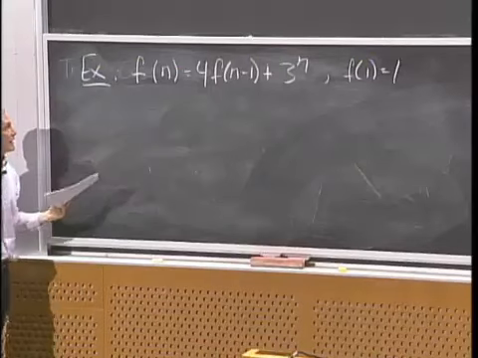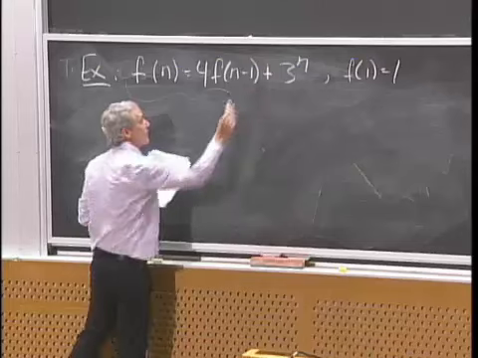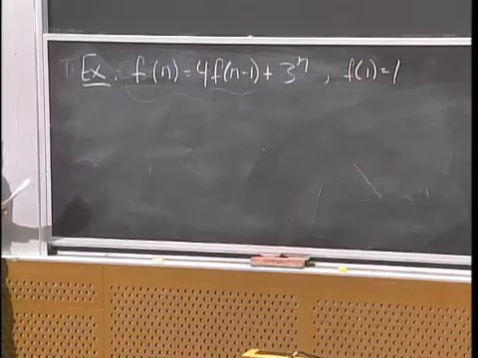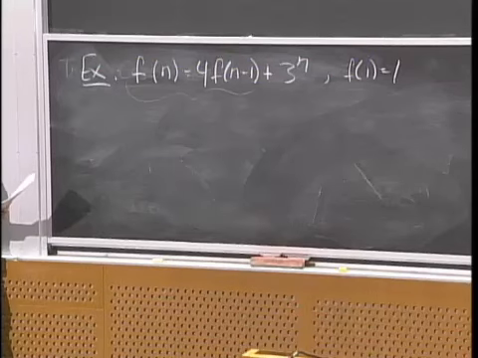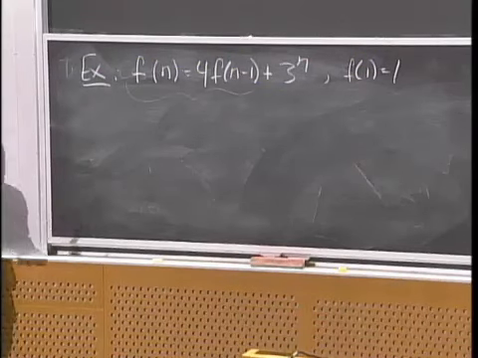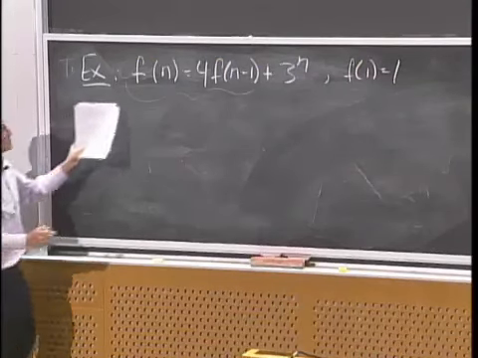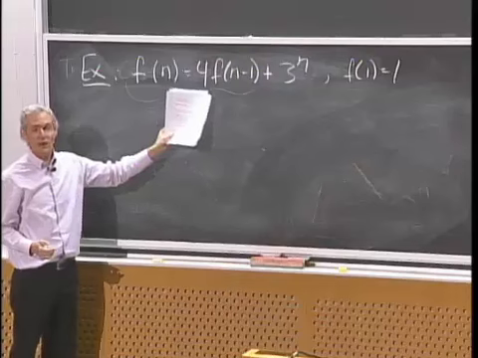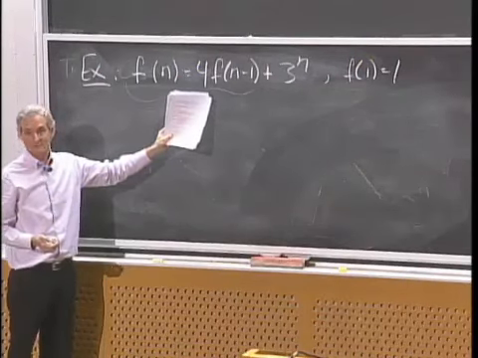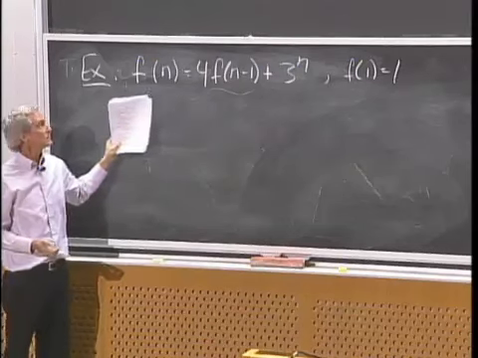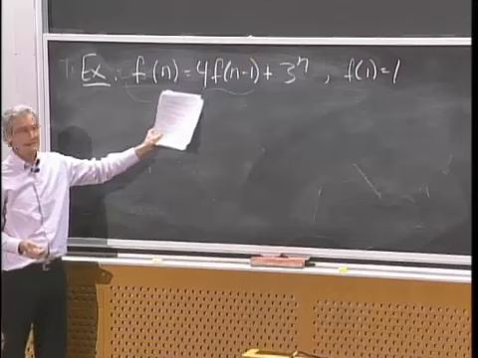So let's solve that. What's the characteristic equation for the homogeneous part? Close. You could either say alpha to the n minus 4 alpha to the n minus 1, but better to simplify it into an order 1 polynomial. So it would be alpha minus 4. Really simple in this case.